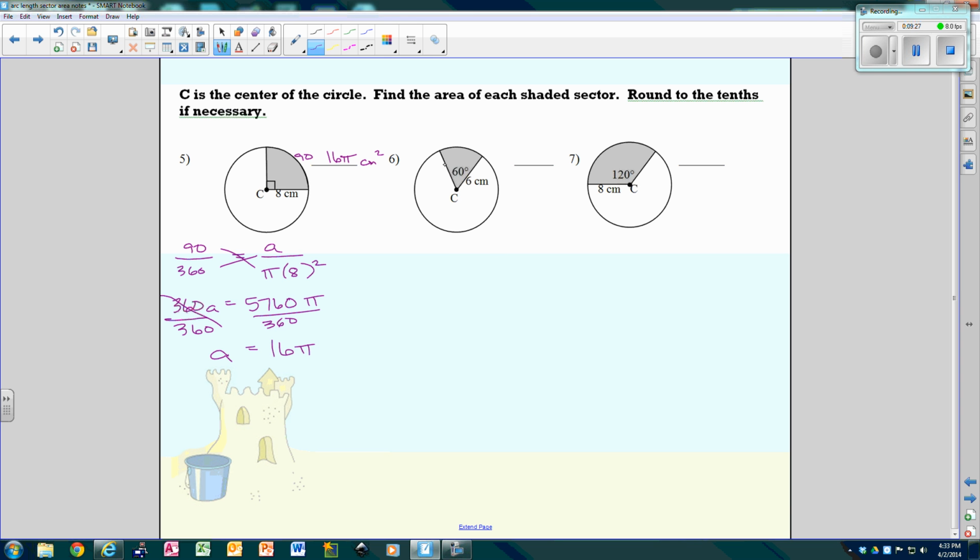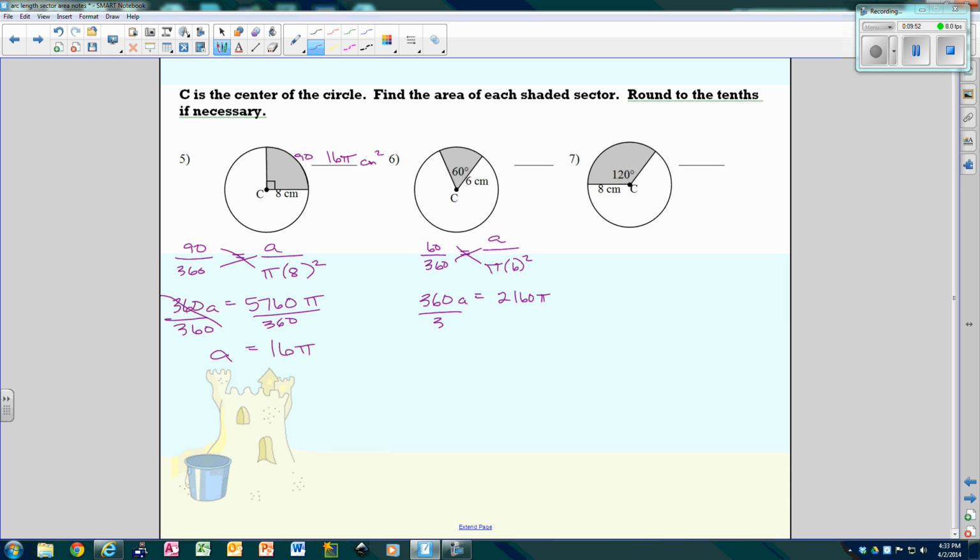Okay, same thing. 60 over 360 is the area of the slice over pi r squared. Cross multiply. 360a equals, now I've got 60 times 36, 2160 pi.